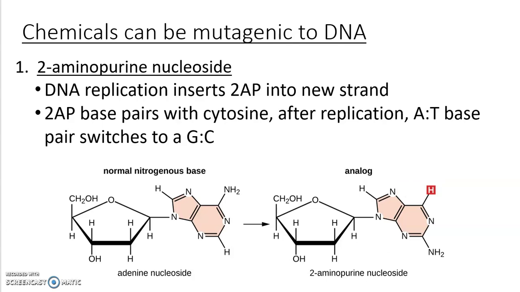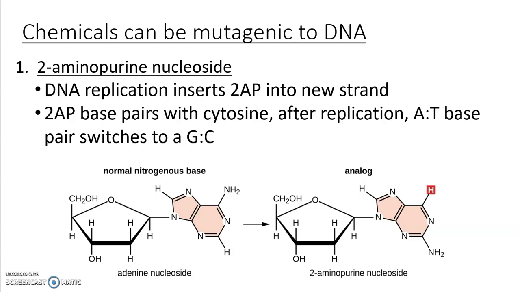And that amino group is important because it's involved in the hydrogen bonding between the complementary bases. What happens is, by chance, the DNA polymerase inserts this 2-aminopurine nucleoside with the phosphates added to it. This 2AP gets inserted into a new strand of DNA that's being made.